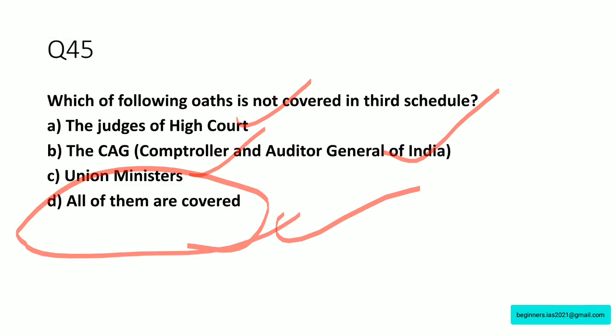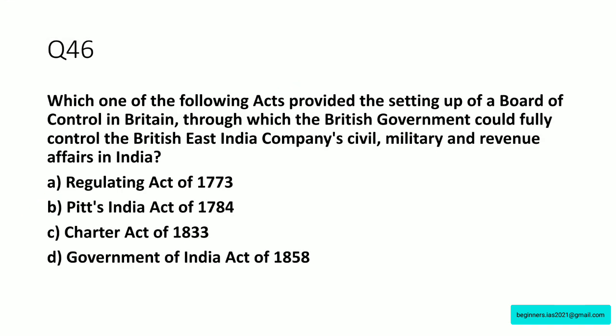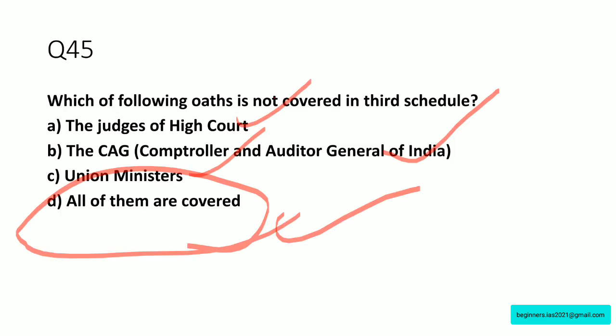Okay, so let us move on with question number 46. Or else let us discuss a few things related to 45, since I feel it is very important. See, one has to know the third schedule. This third schedule deals with the forms of oath or affirmation for Union ministers and candidates for the election, members of Parliament, Supreme Court, CAG, state ministers, members of the state legislature, and judges of the Supreme Court.